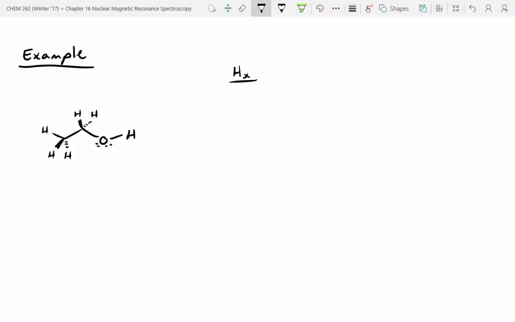I do HX, and then like before, we do the integration ratio. And then we're going to add in a new column for splitting. So let's first identify all of the unique proton sets that we have.